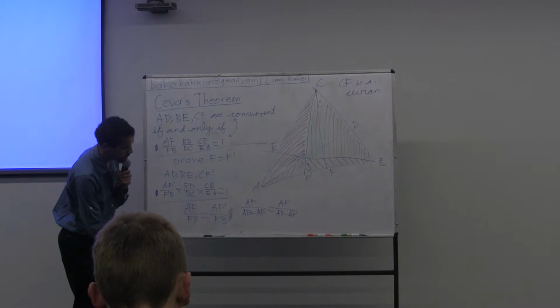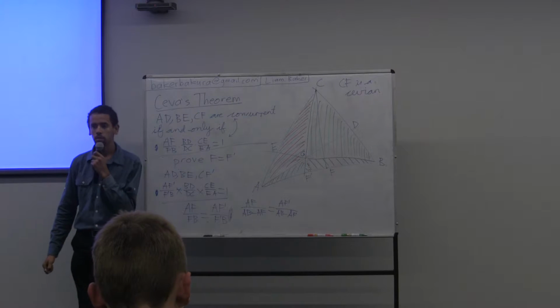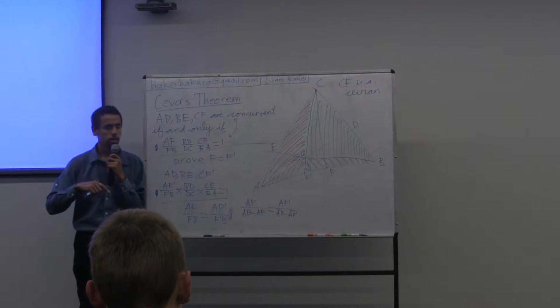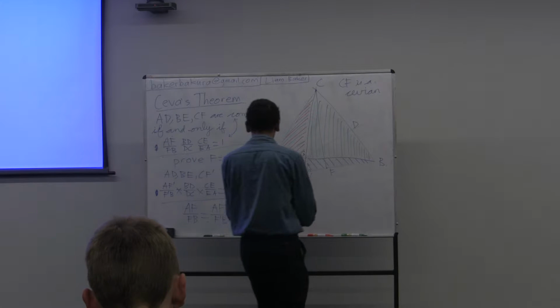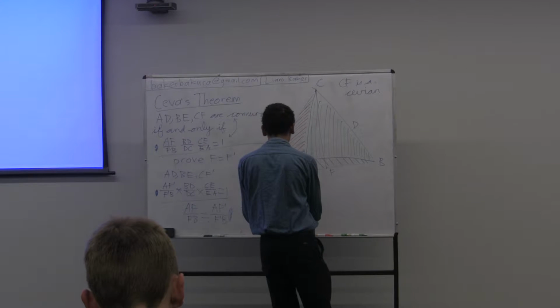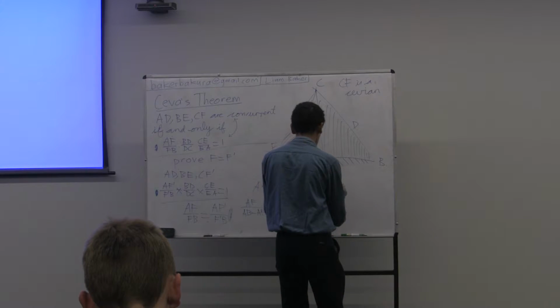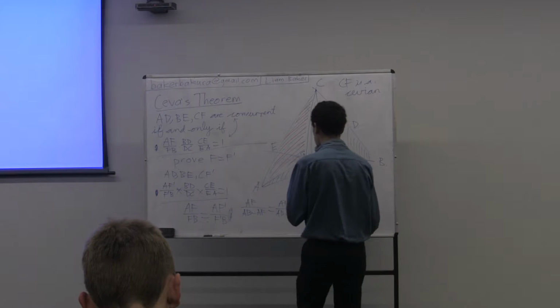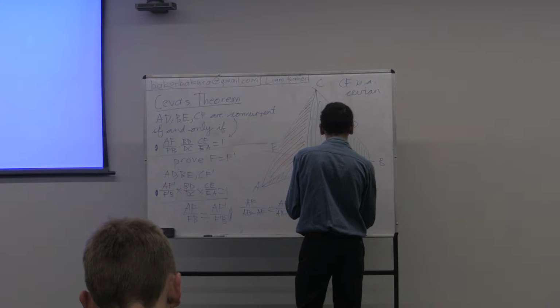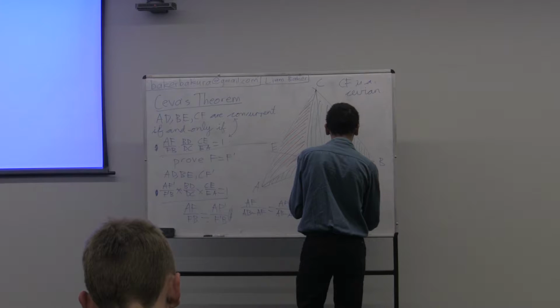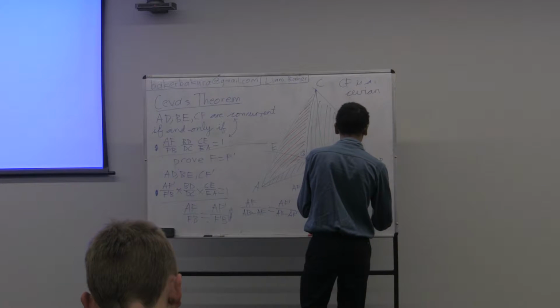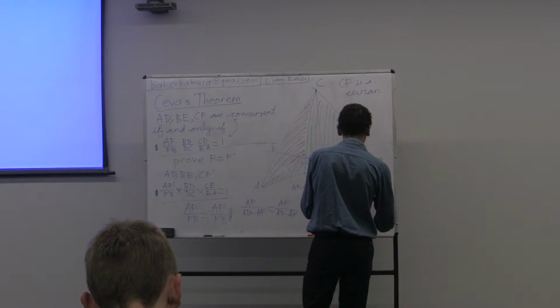Okay, and now what do we do? So we cross multiply. On the left hand side we have AF times AB minus AF times AF prime. On the other side we have AF prime times AB minus AF prime times AF.